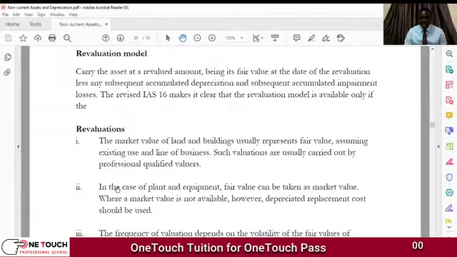Such valuations are usually carried out by professionally qualified valuers.